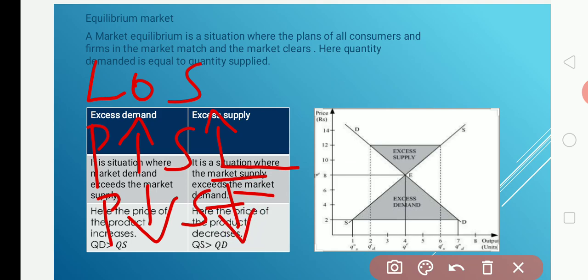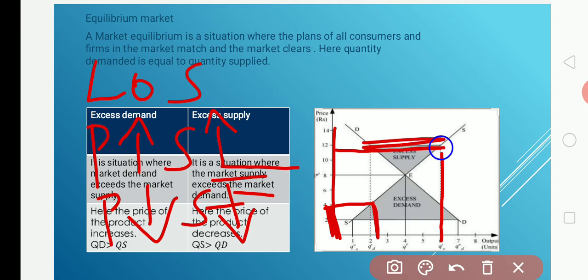Now, suppose the price is 4, the supply was only this much, and when the price was more, 12, see how much the supply is. This portion indicates the excess supply.